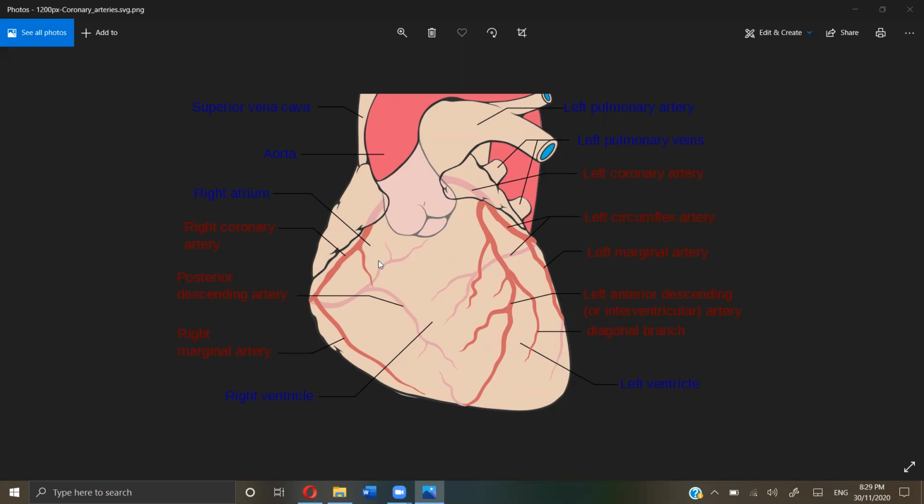The slightly red one is the one at the back. So the first one we just talked about is the left anterior descending artery.